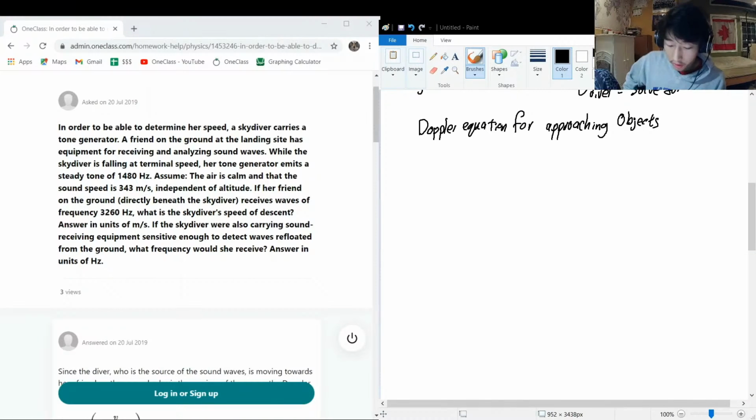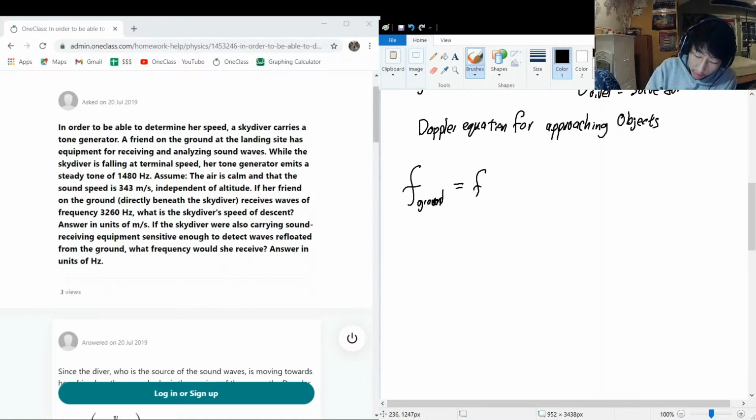Here is the equation: the frequency as observed by the observer, which we call F ground because the observer is on the ground, is equal to F source scaled by the velocity of sound over the velocity of sound minus the velocity of the diver.